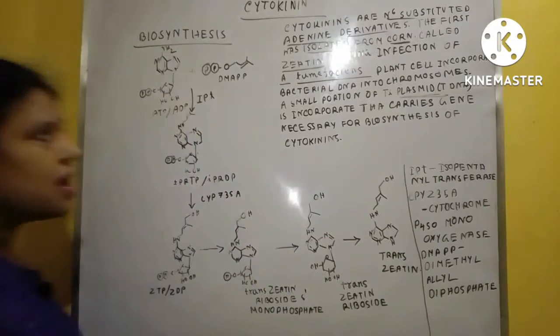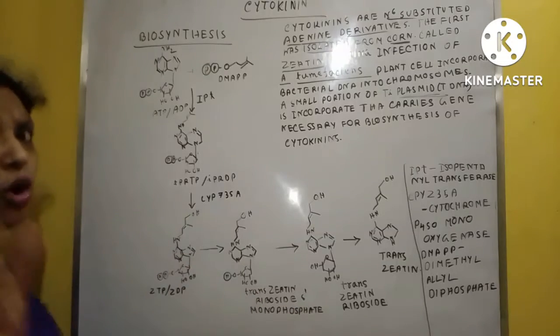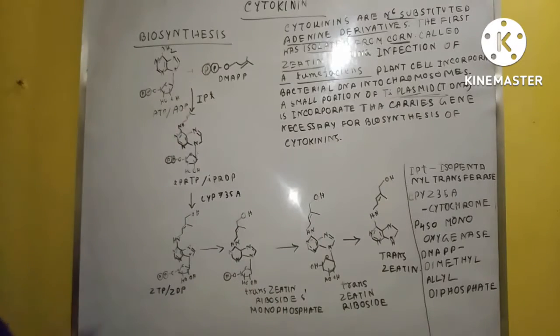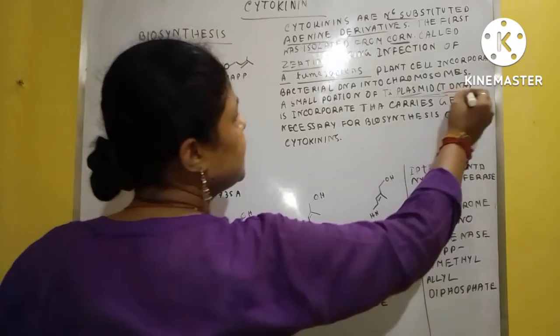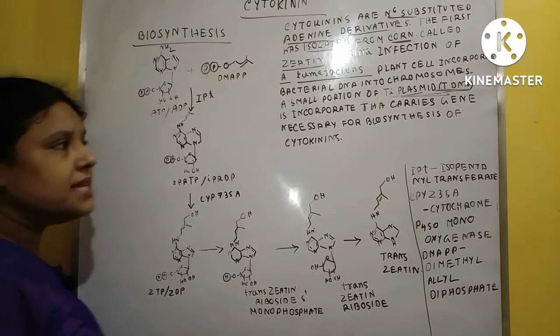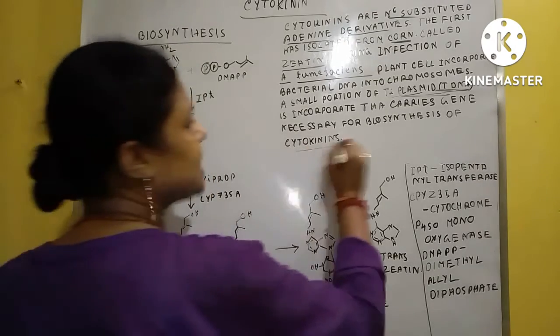What is plasmid? A small portion of the Ti plasmid is called the tDNA. Okay, this is called the tDNA, and this is very important for the biosynthesis of the cytokinin.